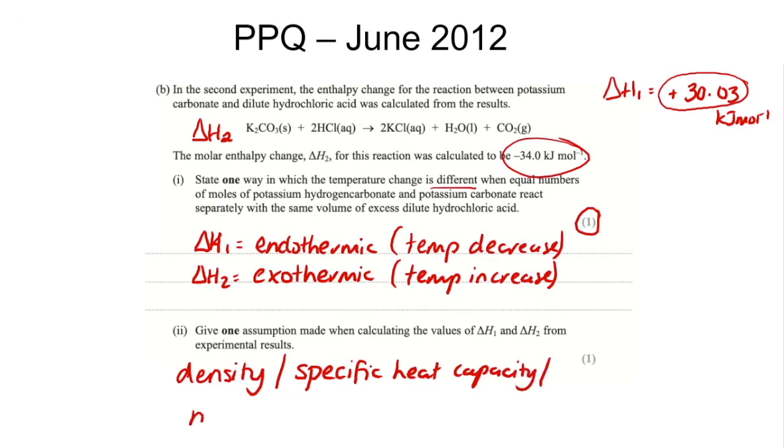We can either say that there is the assumption that we have no heat loss, or that the reaction is incomplete. So there are 4 possible answers here. One that will not be accepted is about the thermometer or any of the actual equipment being inaccurate. That is not an assumption that we have made. We make the assumption actually that those are all correct, and they will have no bearing on our calculation.